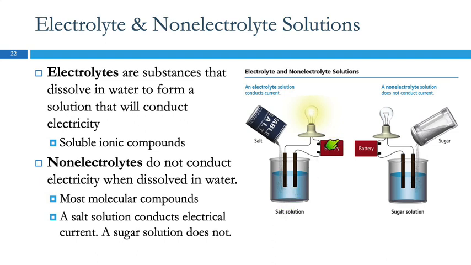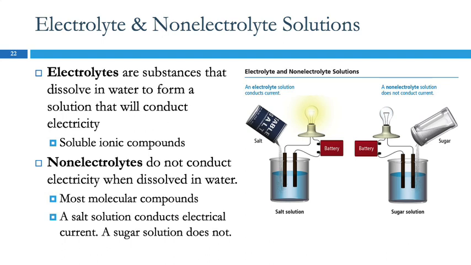One of these days, I'm going to get one of these conductivity apparatuses, and we're going to actually do this for real instead of just talking about the picture. If I hook up a battery to a light bulb and then two electrodes, and I just put them in water, the light bulb is not going to light up because the water cannot carry the charge of the electricity.